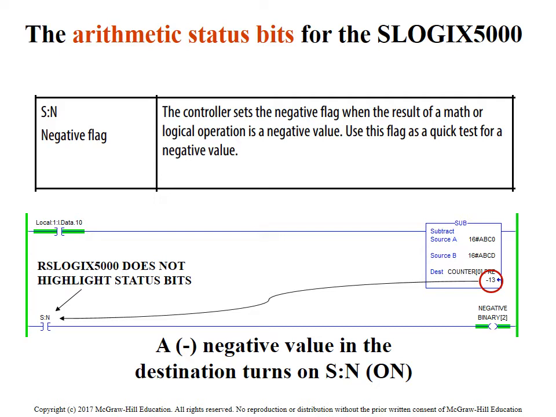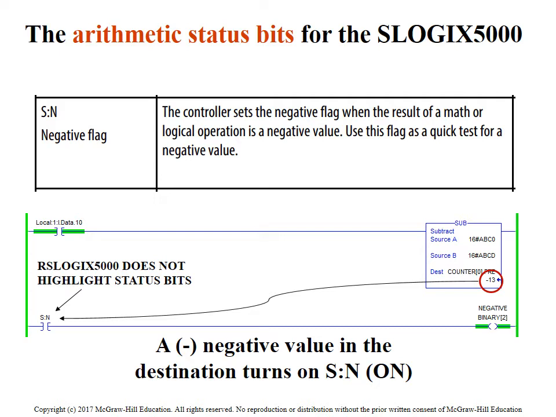Okay, so next we're talking about the status bits. How do those status bits work and why are they so important to us? Status bits are indicators for us to know when there's a situation with a number. For instance, in this particular case, the first one we're looking at is a negative.